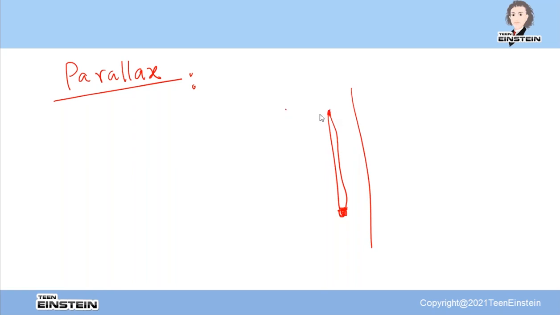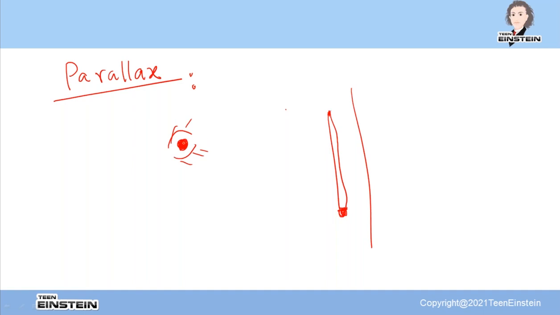You just keep your eye here. Suppose this is your right eye. That time you close your left eye and just denote the position of the tip.